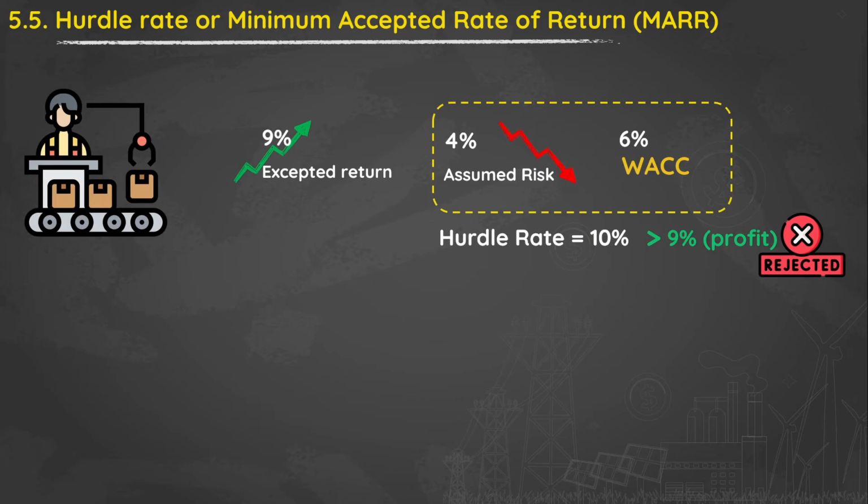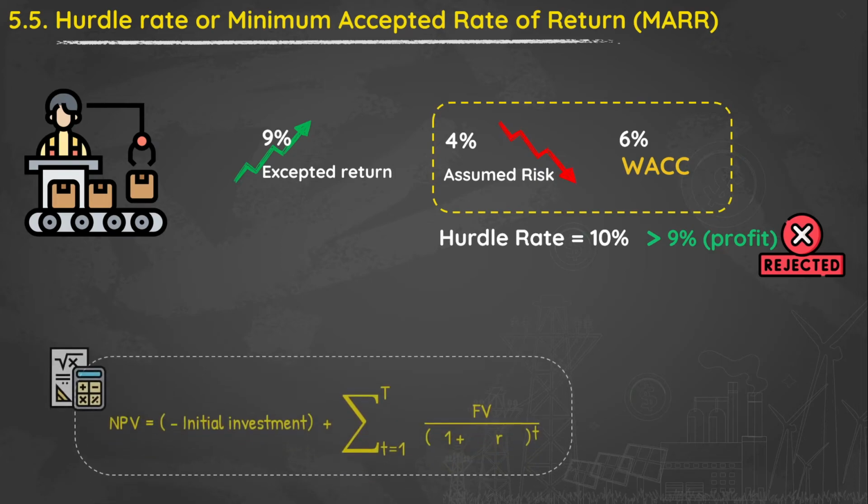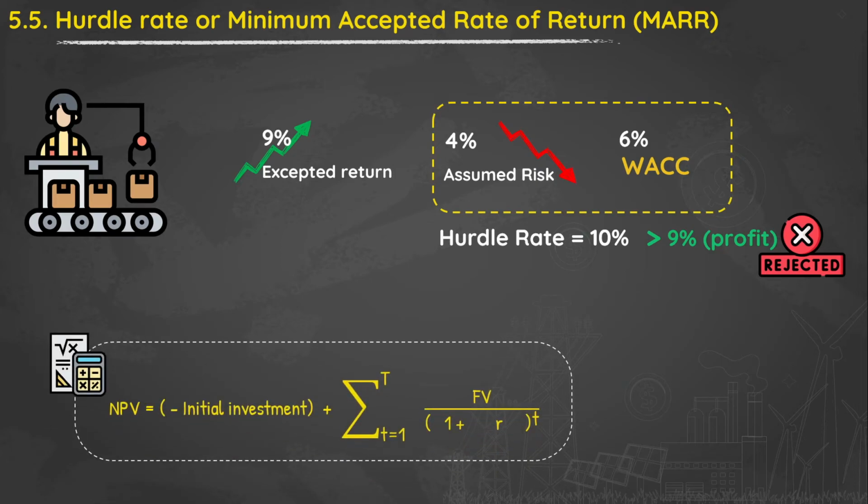Another use for hurdle rate is to be used with NPV calculation. Remember the NPV calculation, we simply have our investment with minus, we sum it with each future value of expected future profit, but it's reduced or discounted to the present value using a specific discount rate, which is here represented with small r.